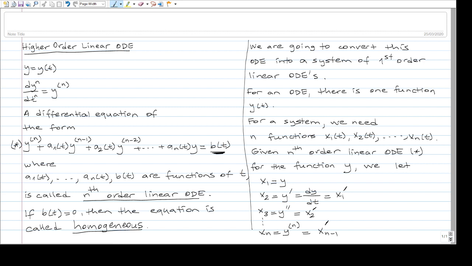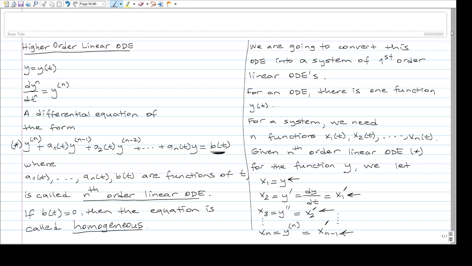In this way, we get our n functions. We start with taking the function y, this is x1, and then taking its derivative, we find our second function x2, take the derivative, find our function x3, and continue taking derivatives, take the derivative of xn minus 1 to get our last variable xn.